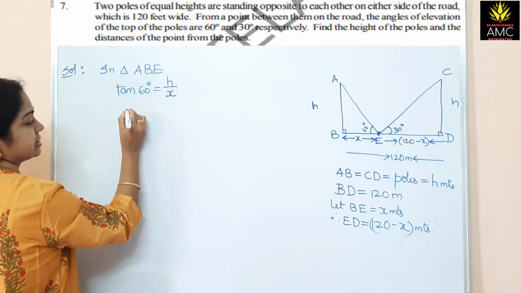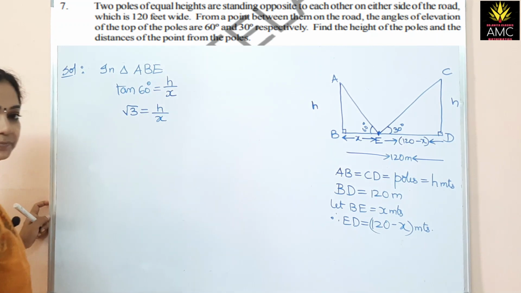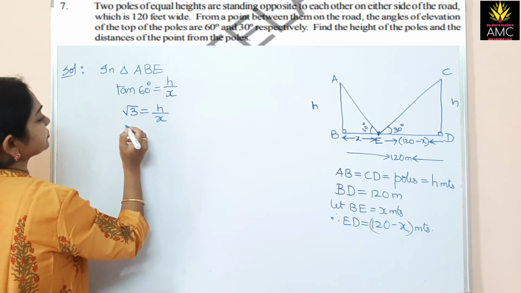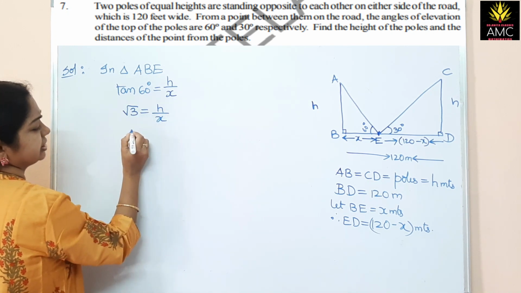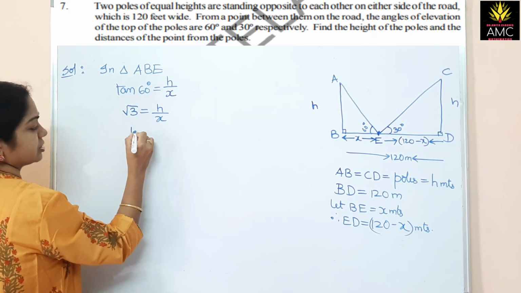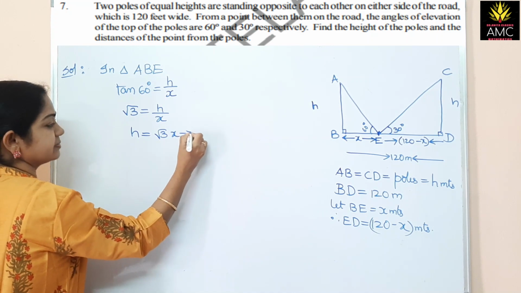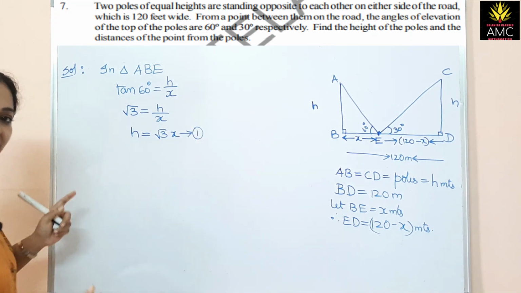Right. Now, tan 60 is root 3, that is equal to H by X. Cross multiply, H is equal to root 3x. Let this be equation 1. From one triangle we will get one equation.